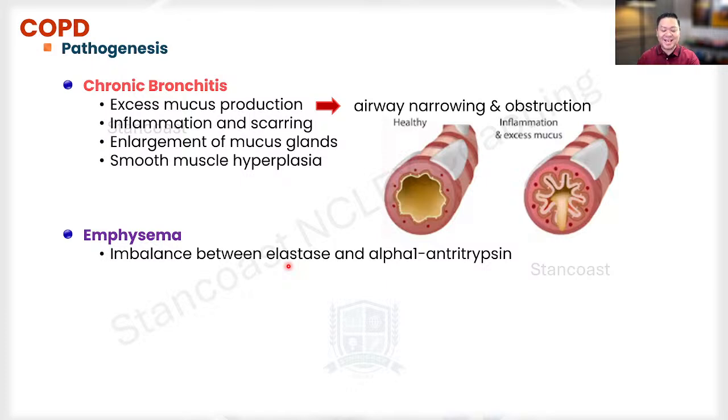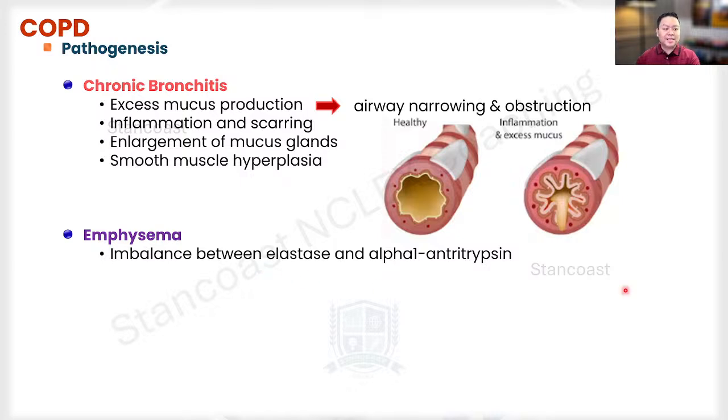Basically, the elastase is the enzyme that breaks down lung tissue, where it can impair the action of the alveoli, especially during the ventilation process, causing impairment in inflation and deflation.